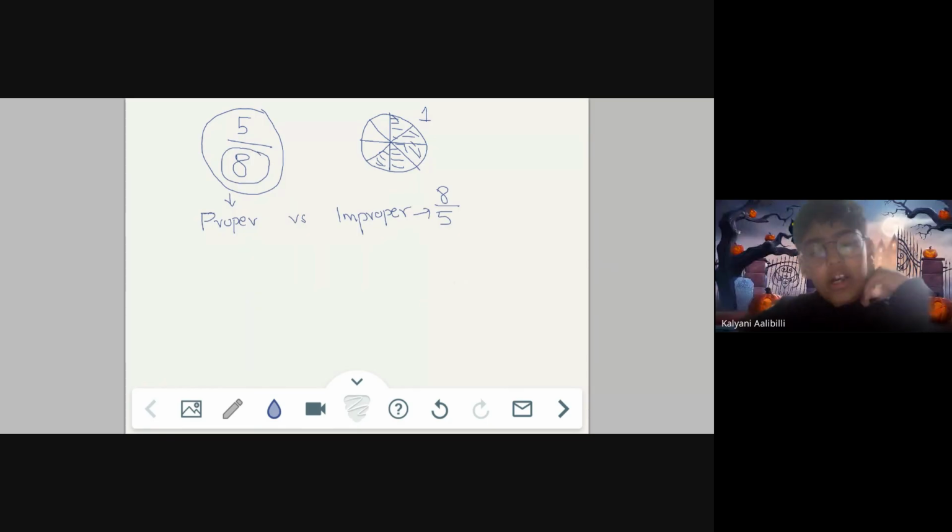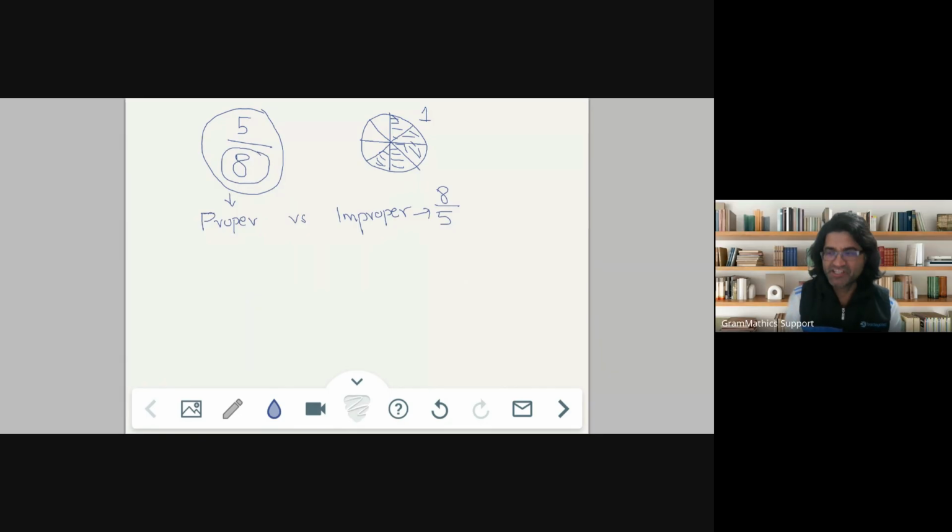Is it because the line means divide, so if you do 8 divided by 5, you would get a number in decimals? Okay, fair enough. And Ojas, you wanted to say something.